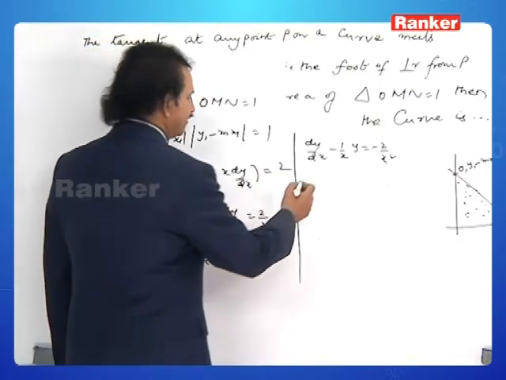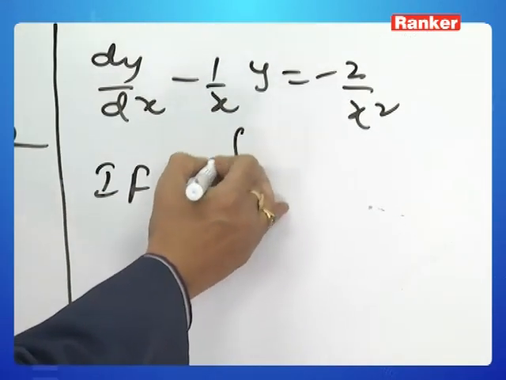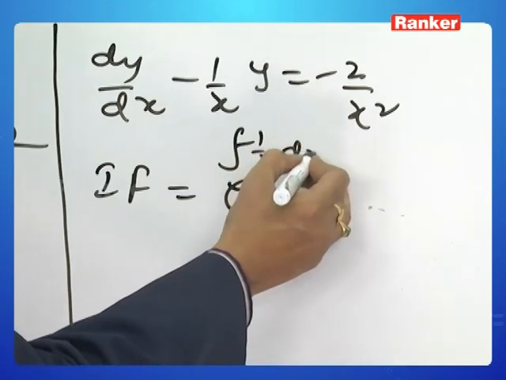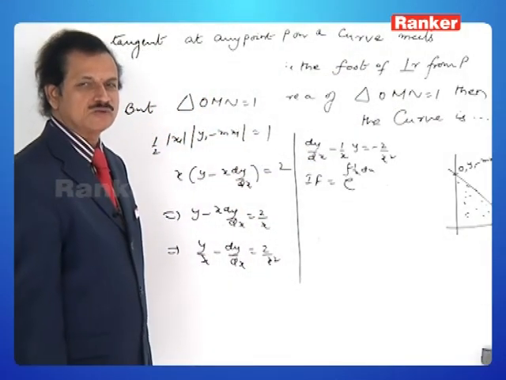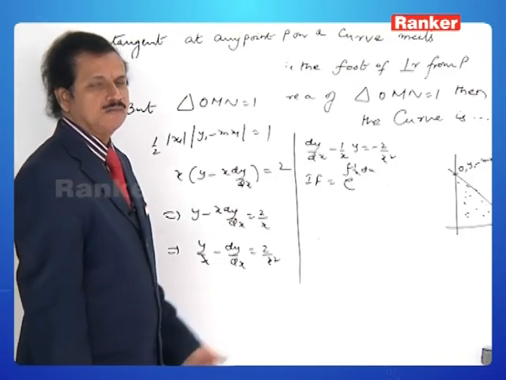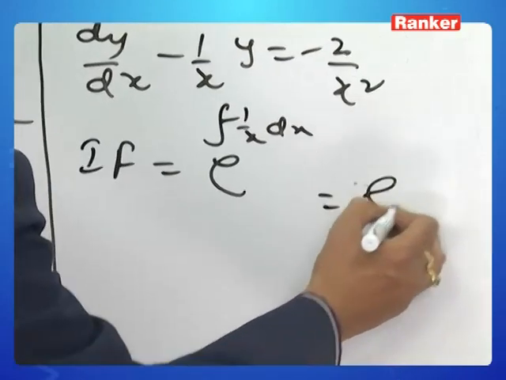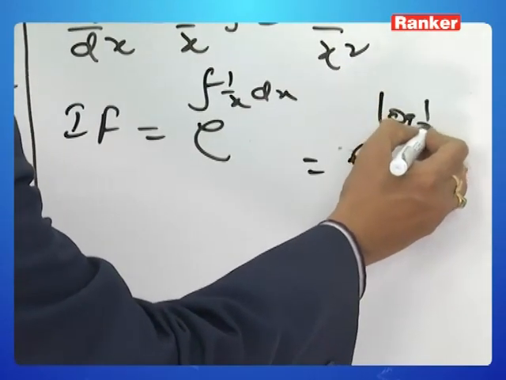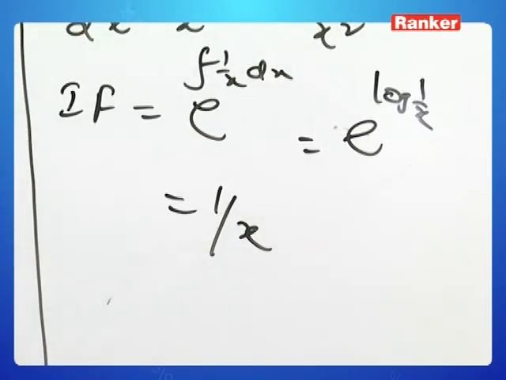What is the integrating factor here? Integrating factor is equal to e power integral of minus 1 by x dx. For 1 by x it is log x. For minus 1 by x it is minus log x. Minus log x is nothing but log 1 by x. So it is equal to e power log 1 by x. Hence it is 1 by x.